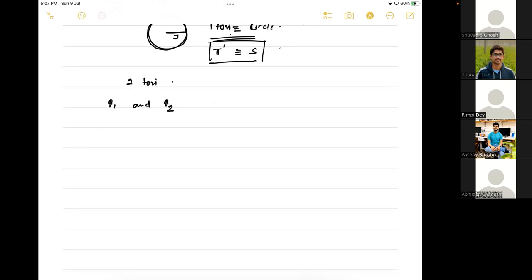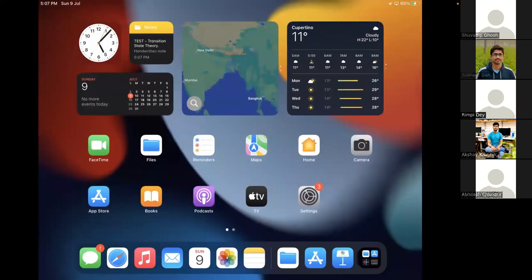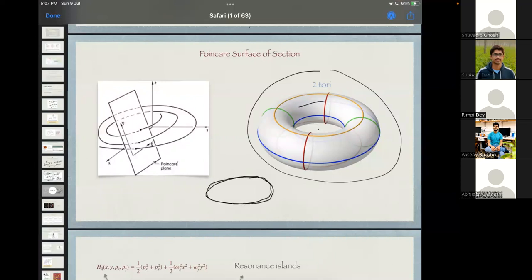Now, how does a 2 torus look? A 2 torus means a donut. This is a picture of a 2 torus, or donut. From a center, you can imagine 2 circles here. One circle is going like this, and another circle is going like this.